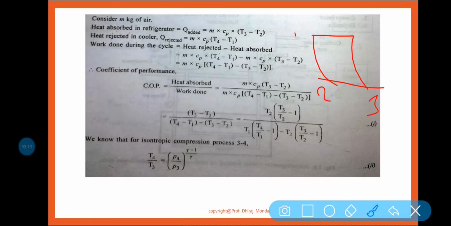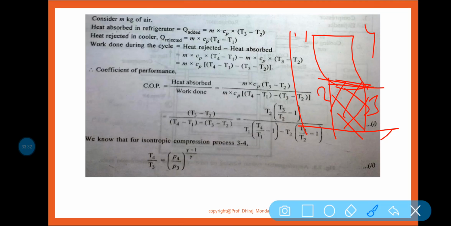So this amount of heat is extracted. You know the formula for a constant pressure process, mcp delta T, T3 minus T2.